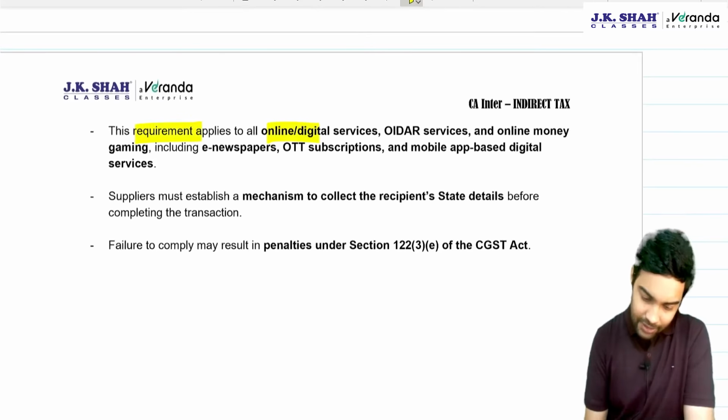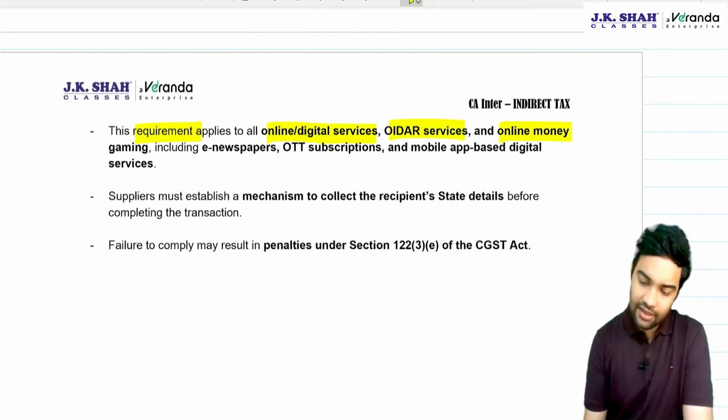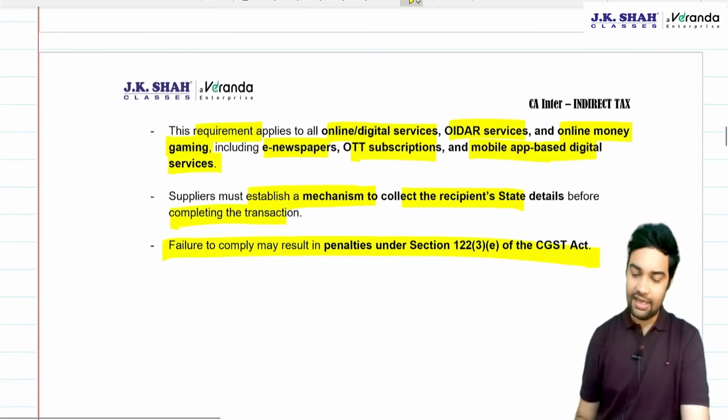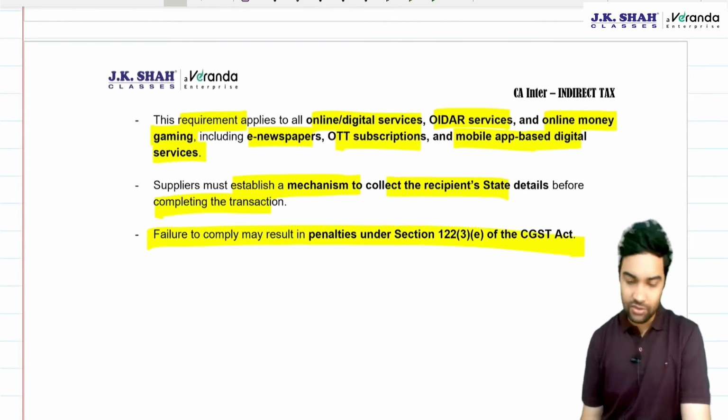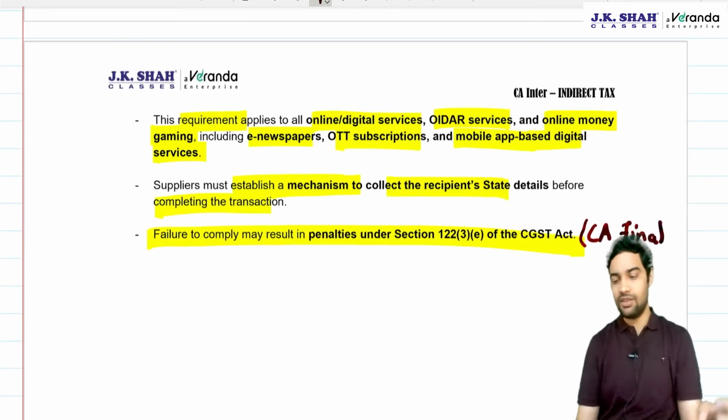This requirement applies to all online digital services, OIDAR, online money gaming, OTT, mobile-based digital service apps. Suppliers must establish a mechanism to collect recipient details before completing the transaction. Failure attracts penalty. But anyway, it's part of the circular.